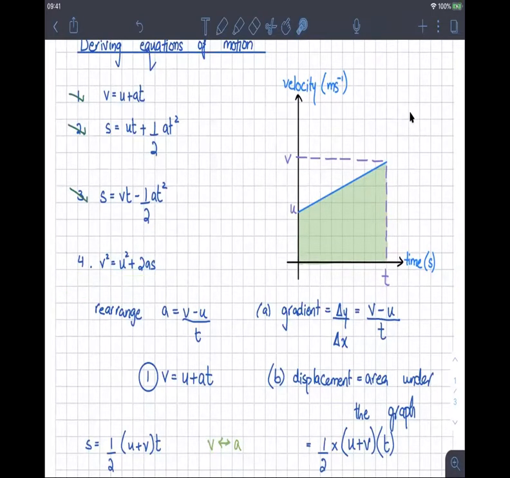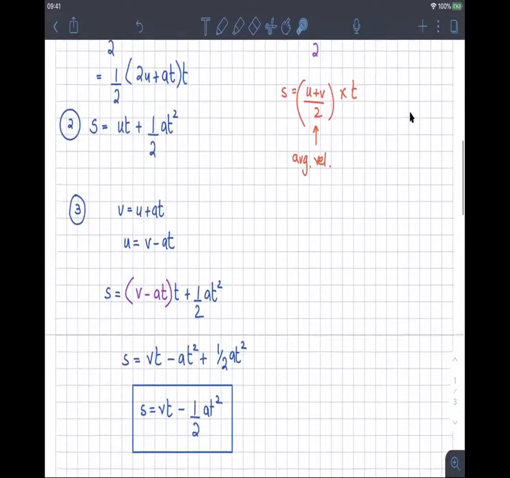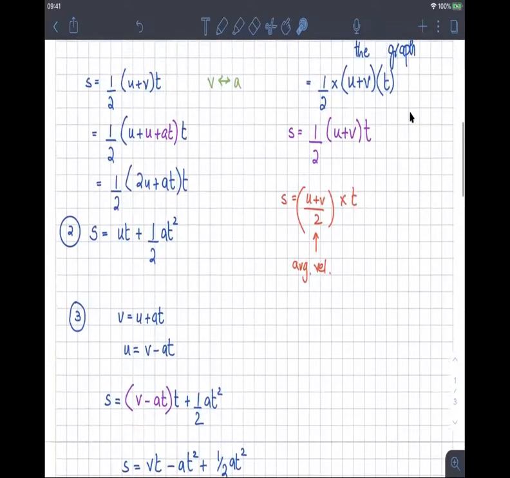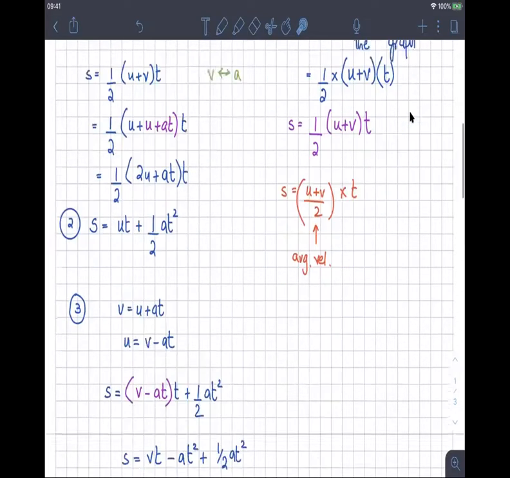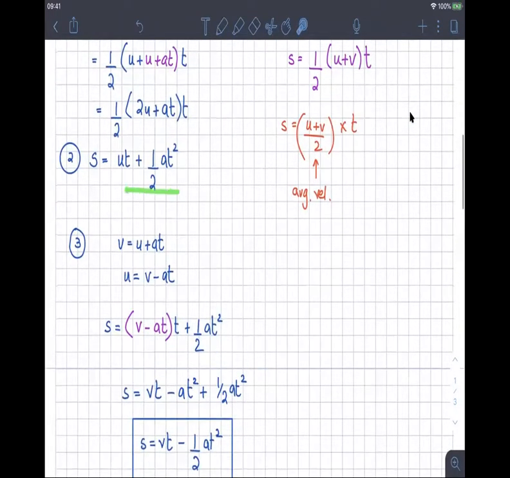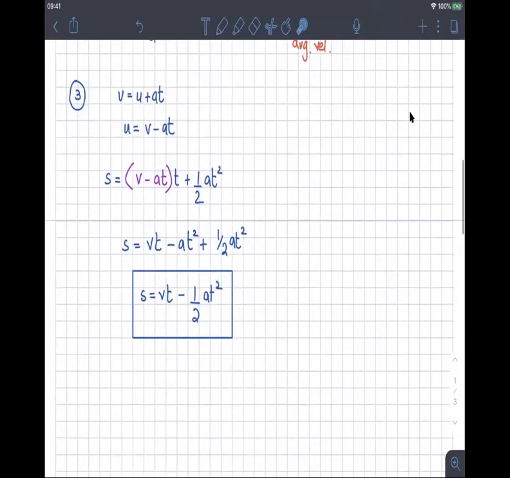Now, before we do that, one thing we want to note is that you'll see that each of the equations obviously is a little different from the other. So over here we have v, u, a, and t, 4 quantities. In this one, we have s, u, a, and t, but there's no v. And then if you come here, we have s, v, t, and a, but there's no u.